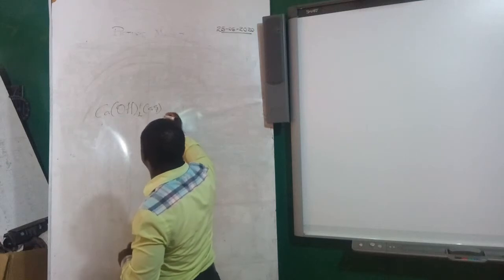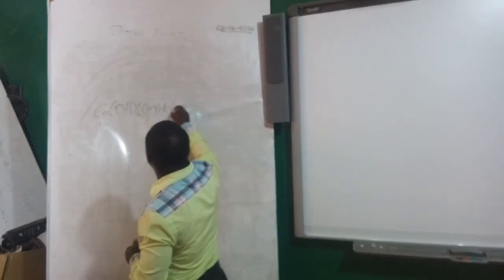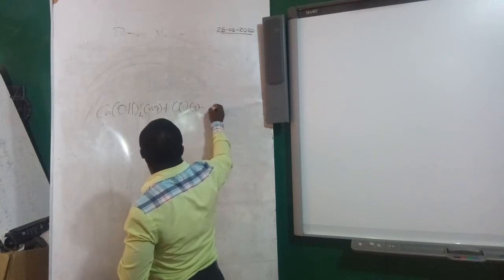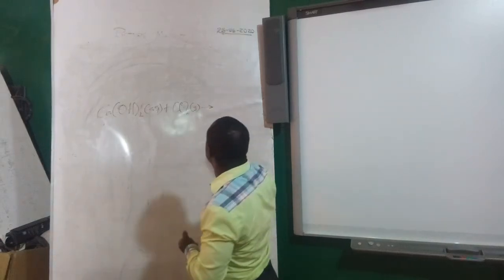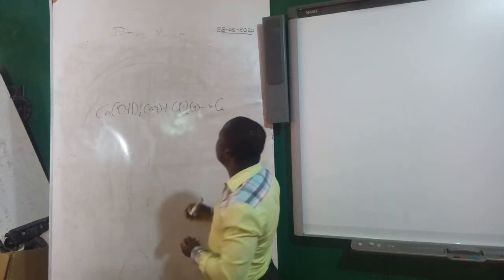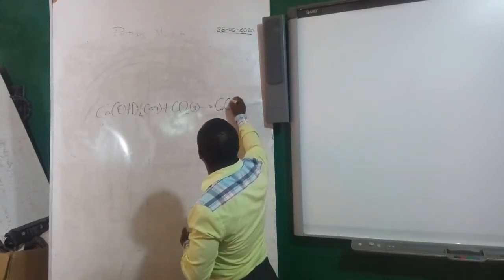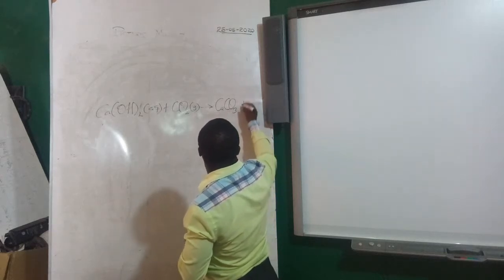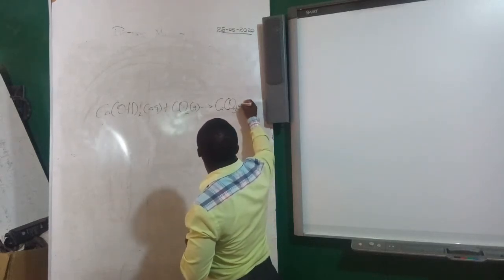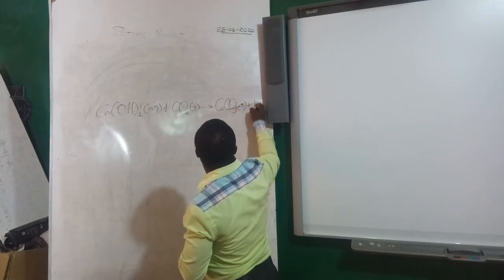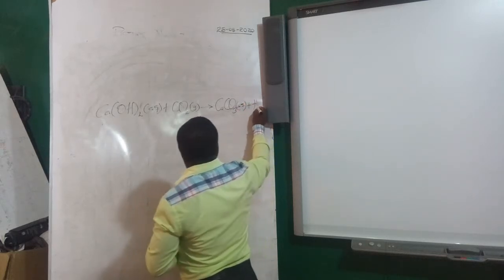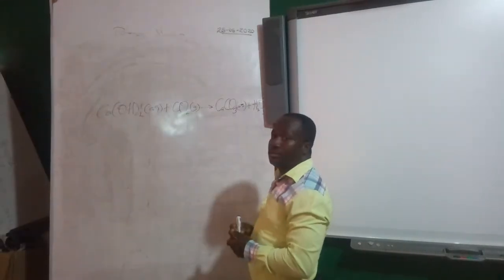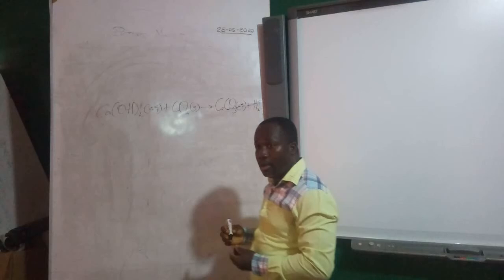This is your lime water plus carbon dioxide, and this is your gas going in to produce CaCO3, calcium trioxocarbonate(IV), plus water. Good. All right.